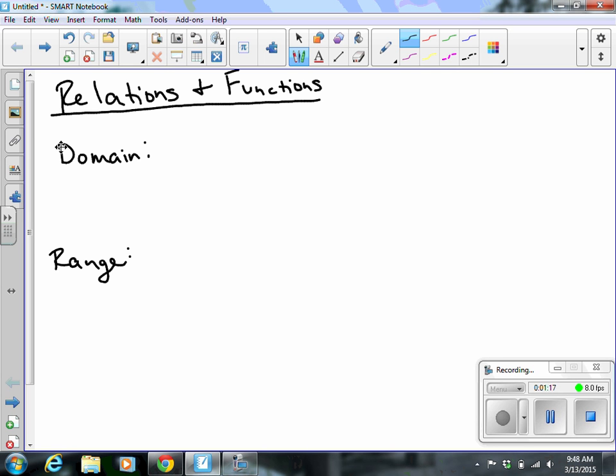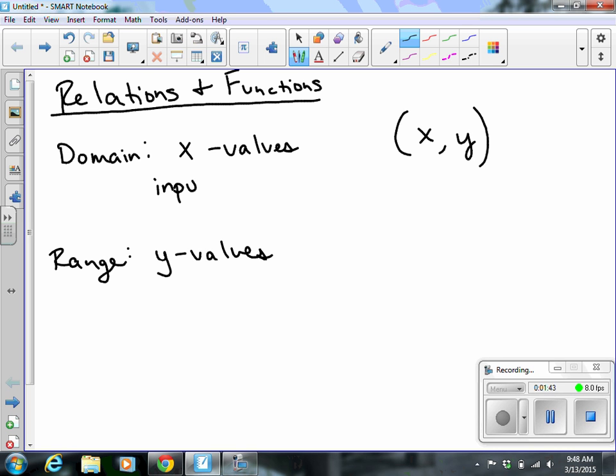Our domain, these are all of our x values. Our range are our y values. And the reason why this is the way that it is because we know an ordered pair is x comma y. So the domain is what I plug in. The range or my y is what I get after I plug it in. This is sometimes called your input for domain. Your range is sometimes called your output.